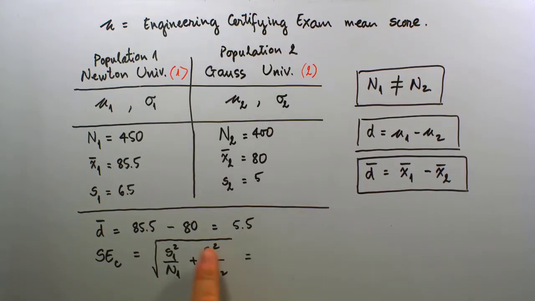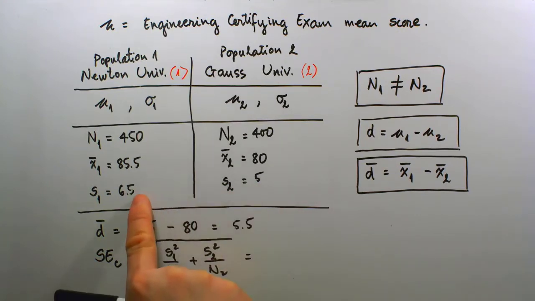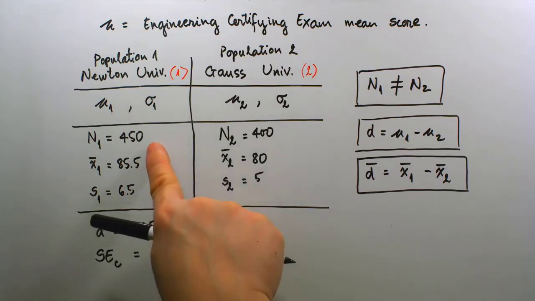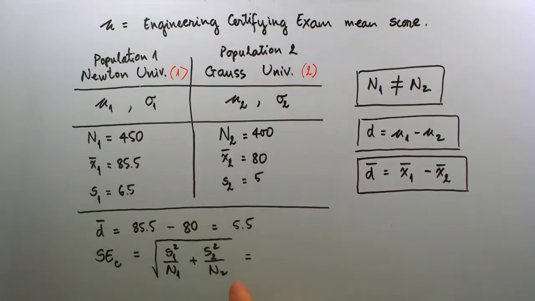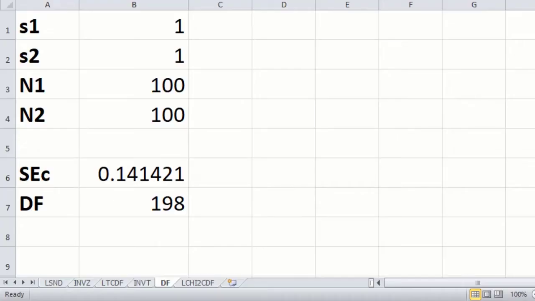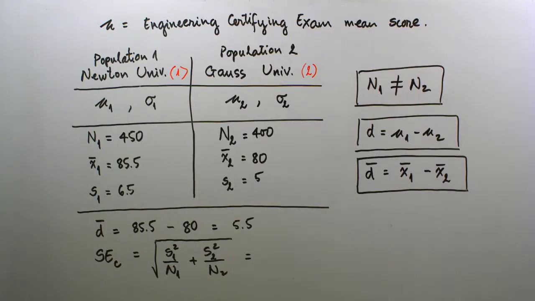And so we can easily substitute in all of these values: 6.5 for S1, and 5 for S2, and N1 is 450 here, and N2 is 400. But I have also developed a little program called the DF program, that runs with Microsoft Excel as seen on the computer screen right here, that can quickly calculate all the values for us. And so I will come back to this to show how it runs again. So in this way, we will be sooner or later using technology to calculate the value of the SEC.